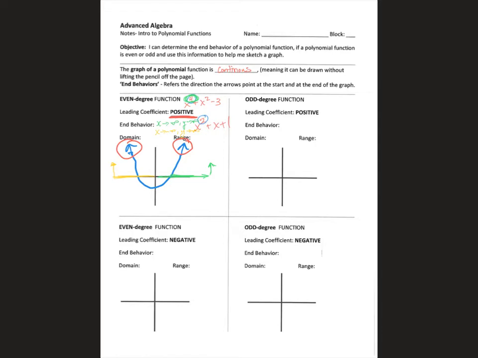Negative 4 squared is a positive 16. Okay, does that make sense? All right. So it doesn't matter how big the degree of the function is. If it's even, you know that both ends are going to go up if it has a positive leading coefficient. Okay?